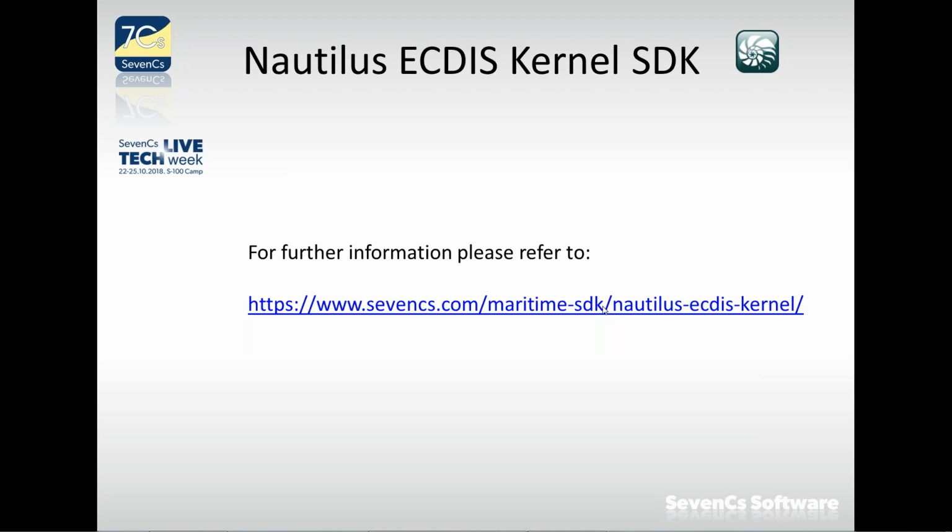Some of the questions we've already answered, but there's one question I will read out loud. How is the Nautilus different from the EC 2007, which is also in 7C's product line? The EC 2007 is the old traditional ECDIS kernel that is, I would say, still alive. The main difference is that, first of all, the programming interface is different. As Holger pointed out, Nautilus uses a programming interface based on C++, and there's a wrapper for C#.